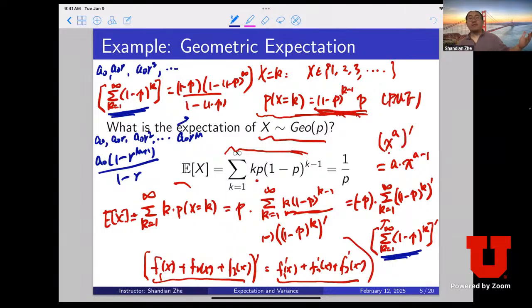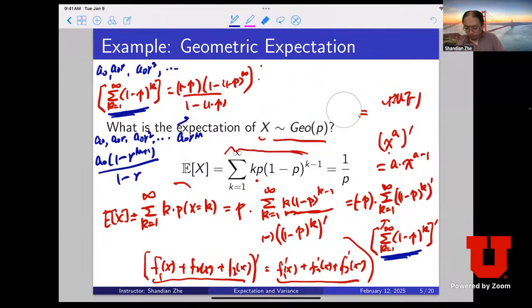If you take the limit of multiplying some number between 0 and 1 an infinite number of times, the value will be 0. So this result is simply (1 minus p) over p.